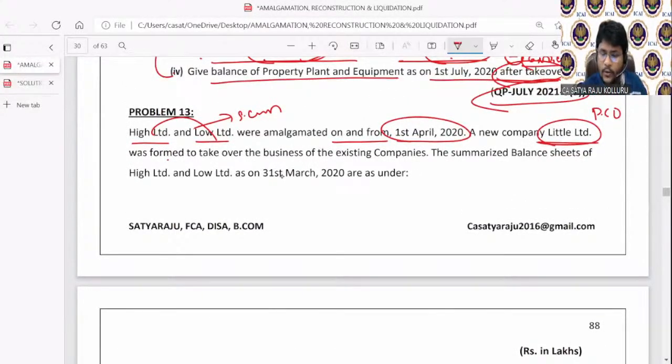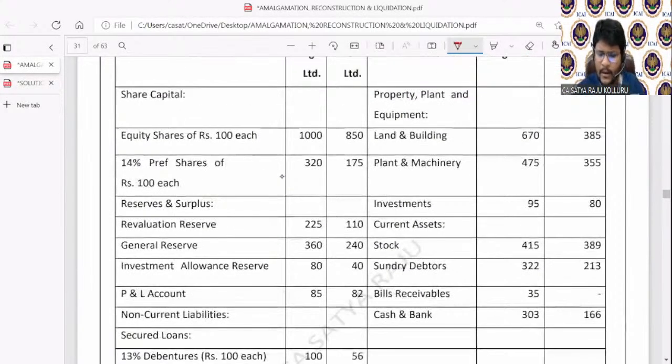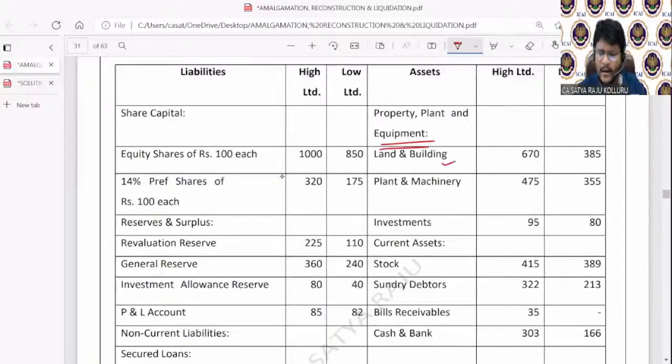A new company, Little Limited, was formed to take over the business of the existing companies. The summarized balance sheets of both the selling companies on 31st March 2020 were as under. Under PPE, two items are there: land and building, and plant and machinery. Investments are separately given. Under current assets, stock, sundry debtors and bills receivable, and cash and bank are there.